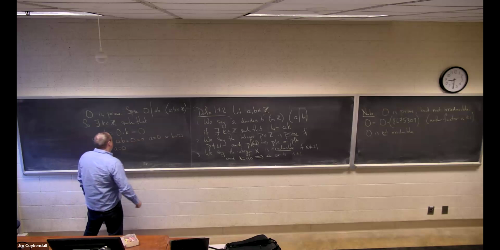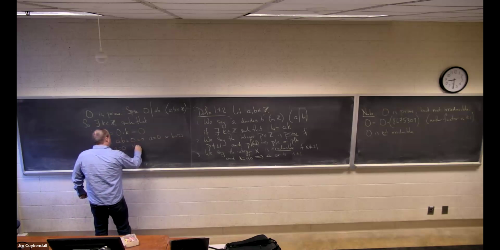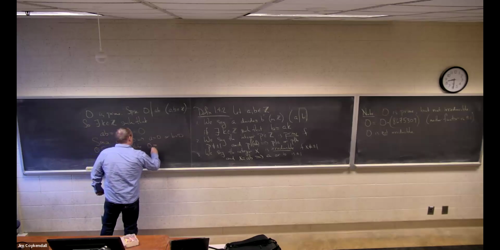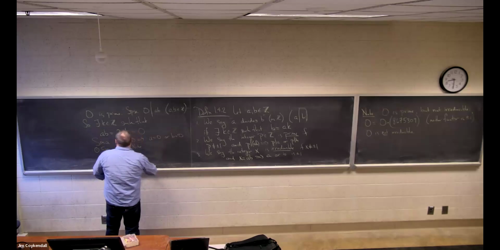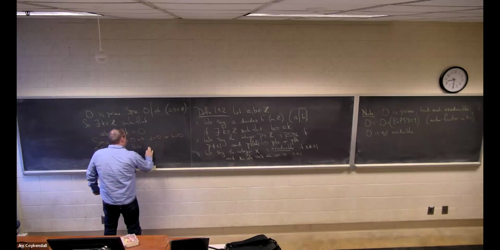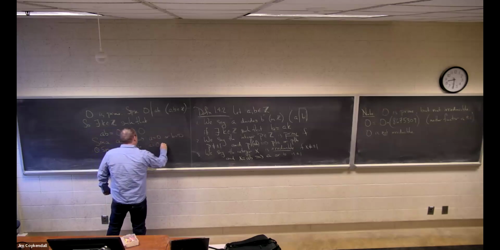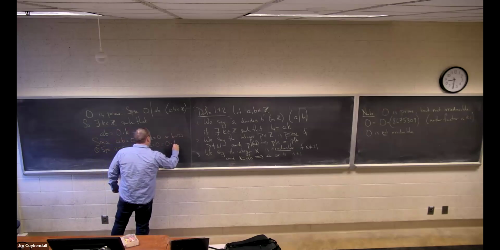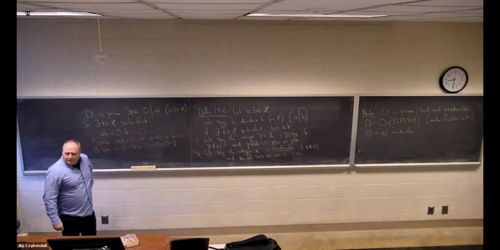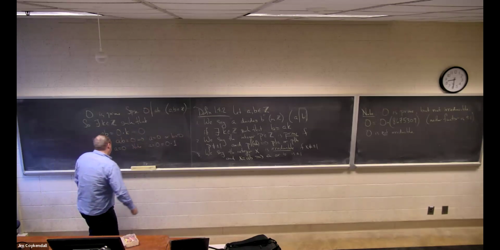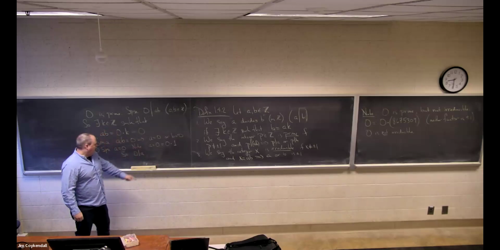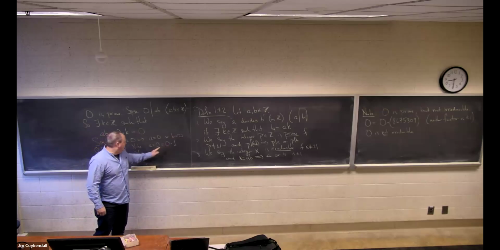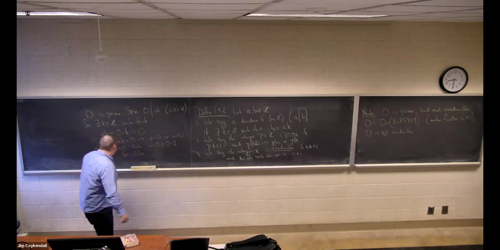Well, notice 0 equals 0 times A. Because this is exactly what it means. Since A is 0, 0 is 0 times 1, so 0 divides A. And there you go.